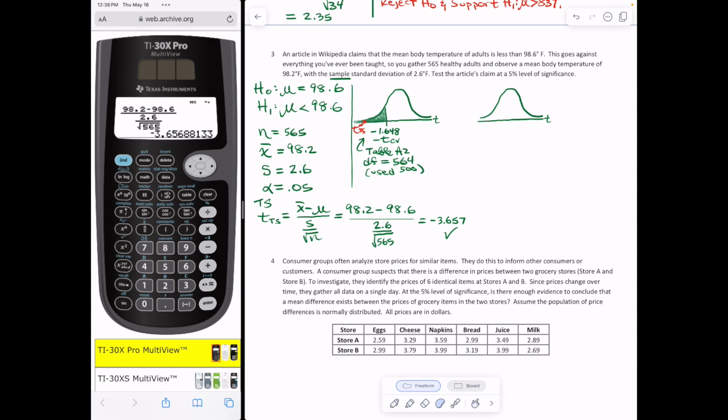Okay, and so here we're going to have to put our negative 3.5657. So that's our t test statistic here, okay? And the area to the left of it, I'll shade in blue, that's going to be our p-value. So this is our p-val. Okay, and so I think we'll call that 3.7.